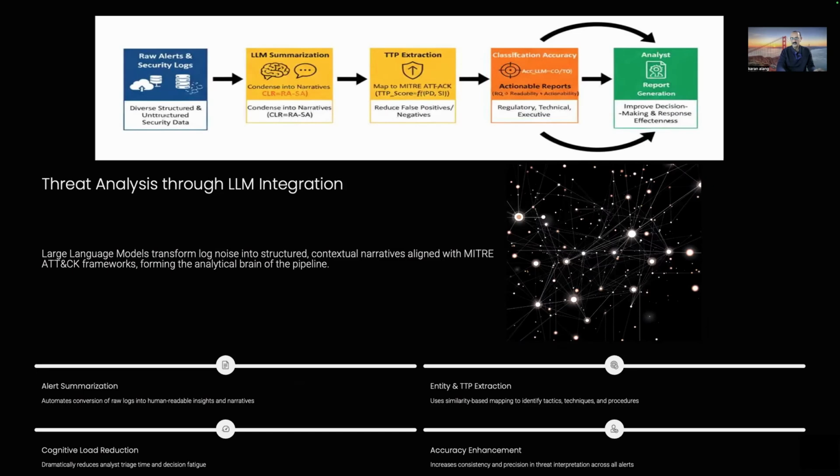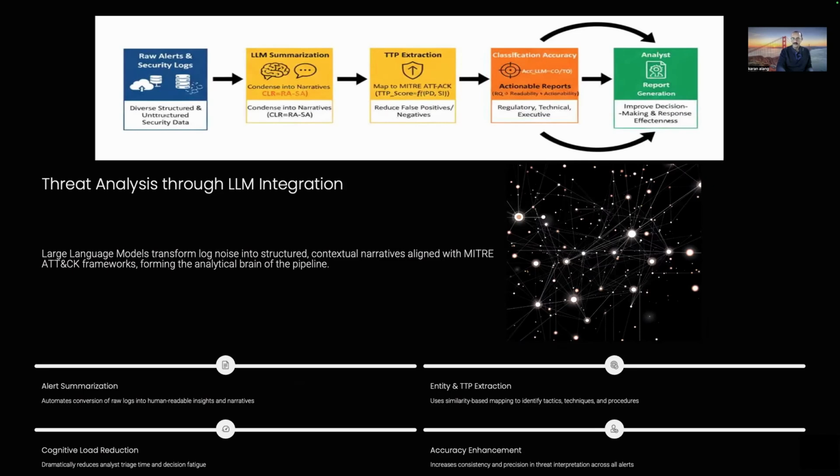Remember, TTPs are essentially the whys, hows, and sub-methods of the MITRE ATT&CK attack vectors. It does cognitive load reduction, dramatically reducing analyst triage time and decision fatigue, primarily because we're using LLMs with XDRs and other cybersecurity tools.